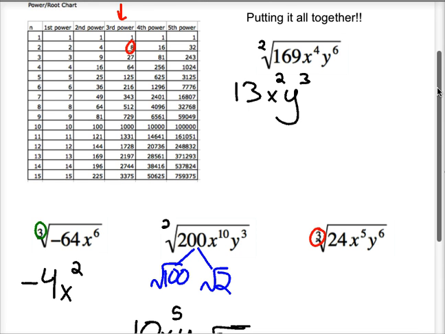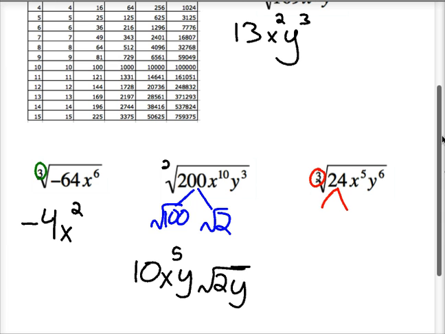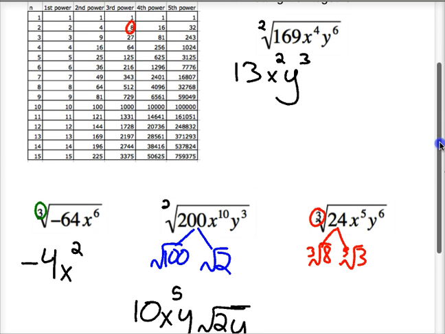Well, I see 8. So what I'm going to do is split that up into the cube root of 8 and the cube root of 3. I split that up because those are the two things that multiply to 24, and I got that 8 off of my power chart. If you notice, what happens to that 8?